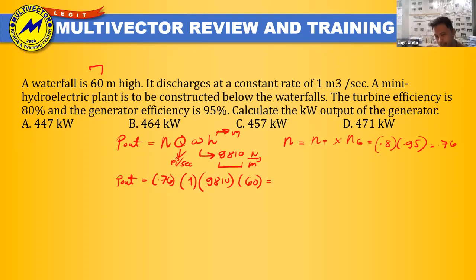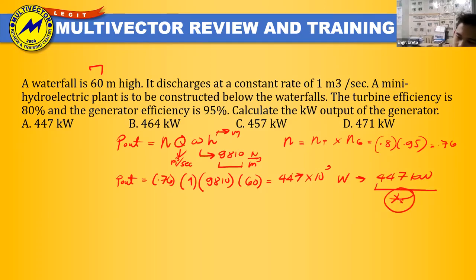So 0.76, 9810, 60 gives 447 times 10 raised to 3 watts. In kilowatts, 447 kilowatts. So letter E. That is problem number 31. Okay, next.